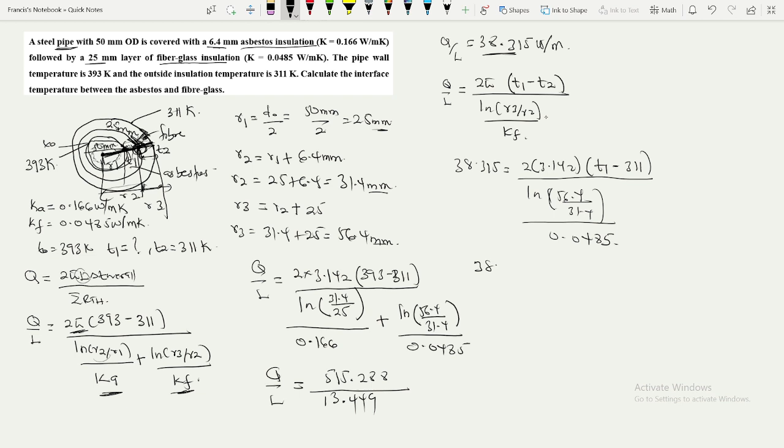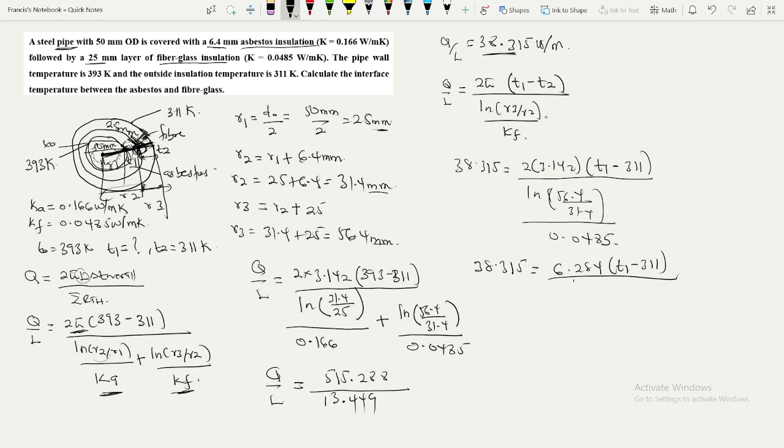So 2 times 3.142 gives us 6.284 multiplying T1 minus 311, all divided by ln 56.4 divided by 31.4 all on 0.0485.